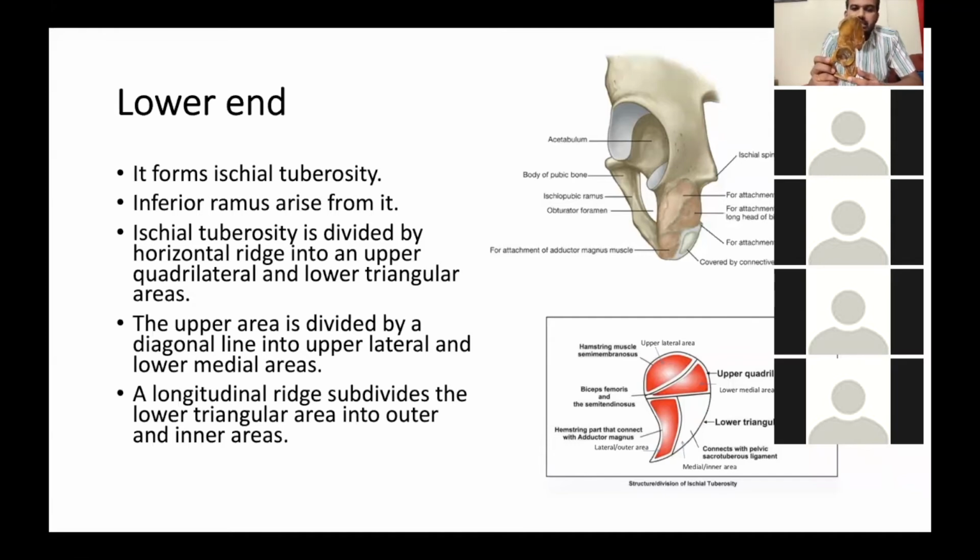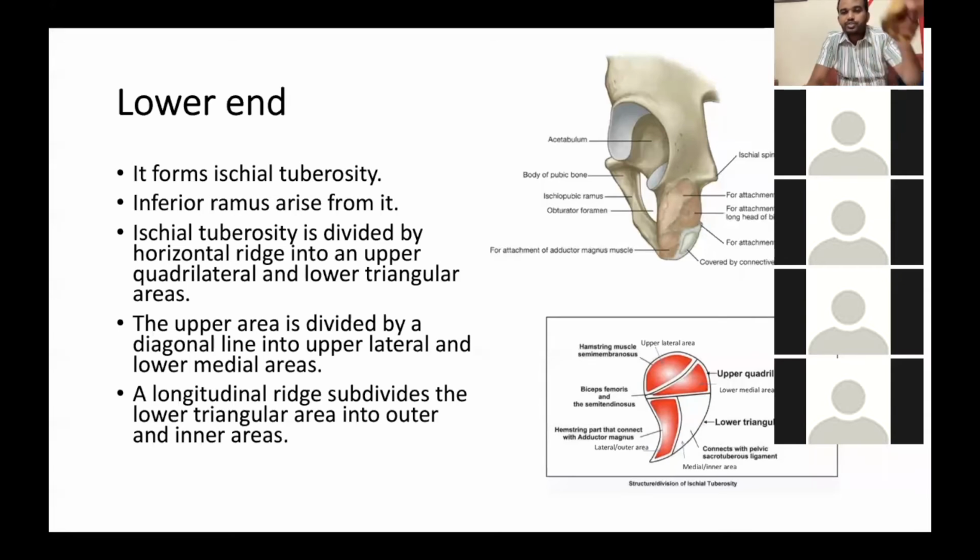Next, the ischial tuberosity, which you are seeing from here. This posterior part of the lower end of the body of the ischium is called the ischial tuberosity.